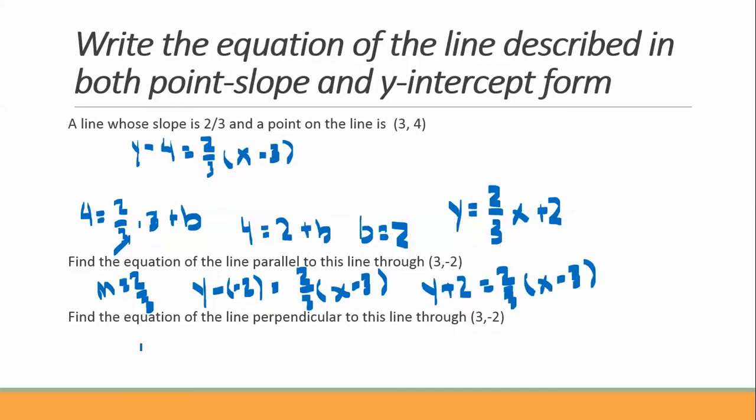The equation of a perpendicular line through that point, our slope is going to be the negative reciprocal, so the slope is -3/2. And again, we can write it as y + 2 = -3/2(x - 3). Minus a negative is plus.